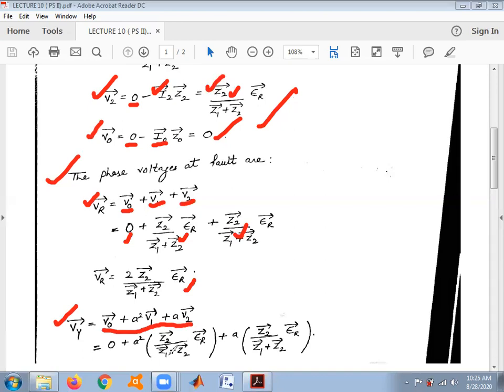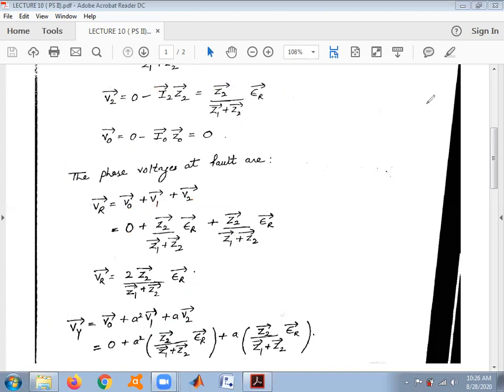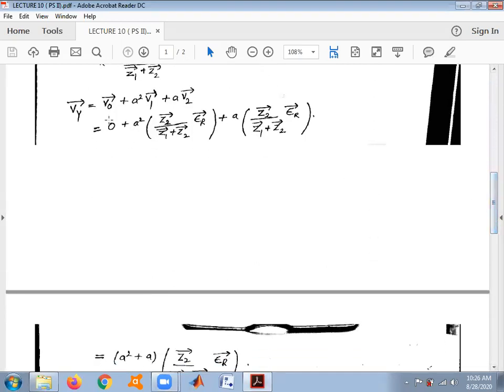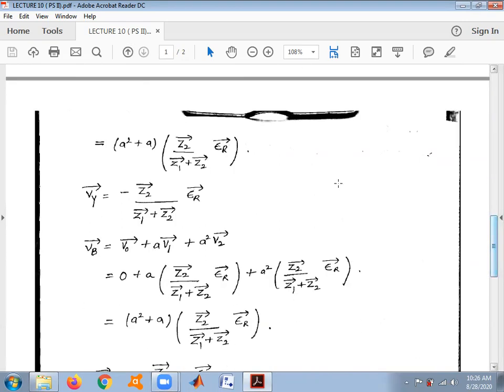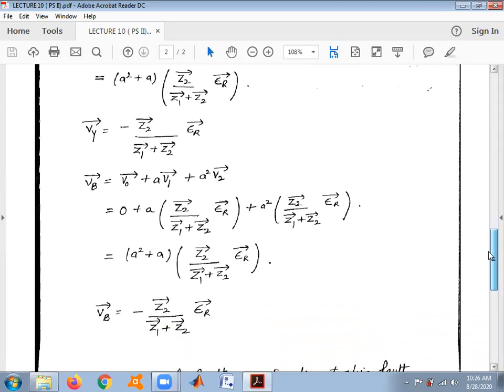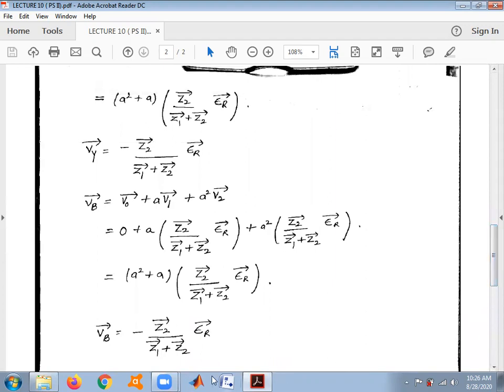By substituting all these values, we get our desired result. So this is our desired result. Here you can also state that a square plus a equals minus 1.